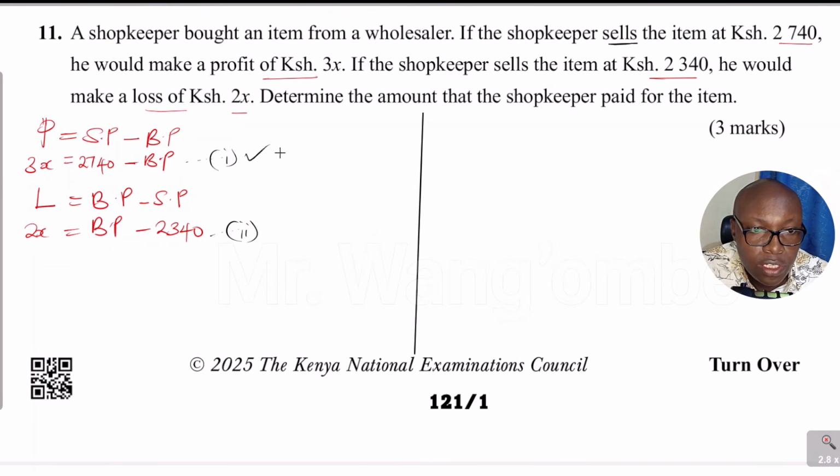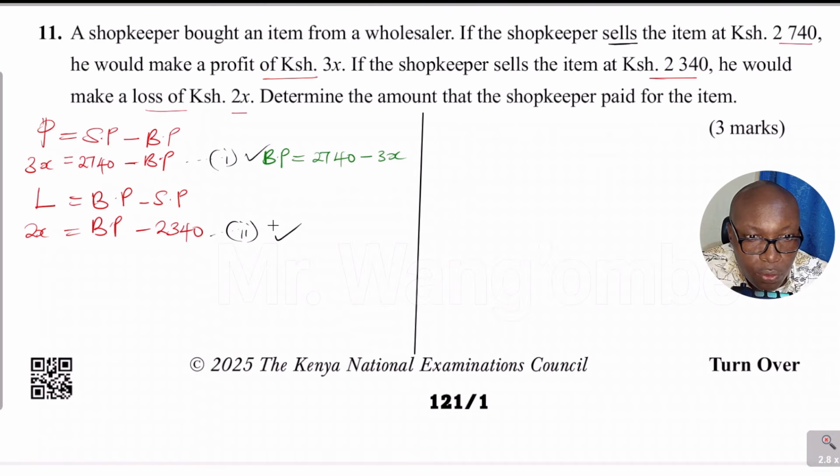So look at these two equations. And you can see there's something common. Buying price, you can make buying price the subject. Make buying price the subject of the formula. From the first equation, buying price will be given by 2740 minus 3x. You are making buying price the subject, just ensuring that you have buying price on one side. Do the same for the second one.